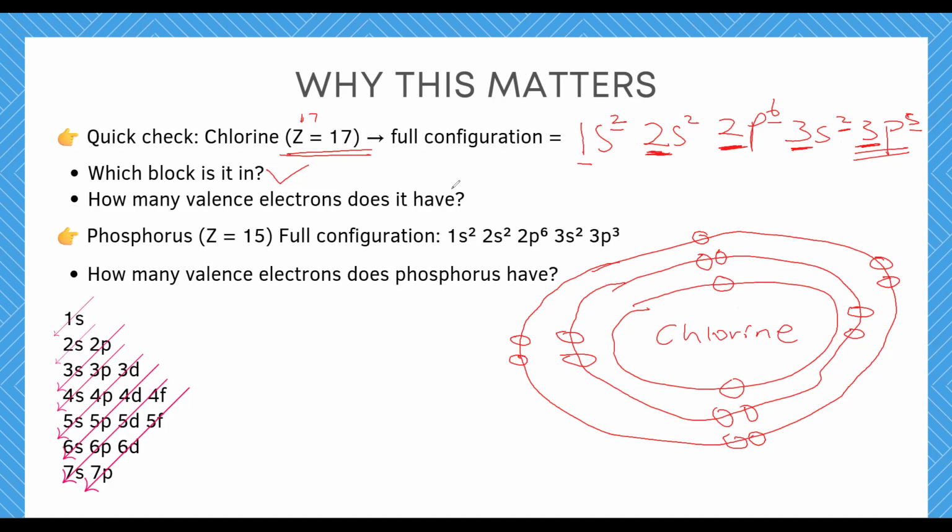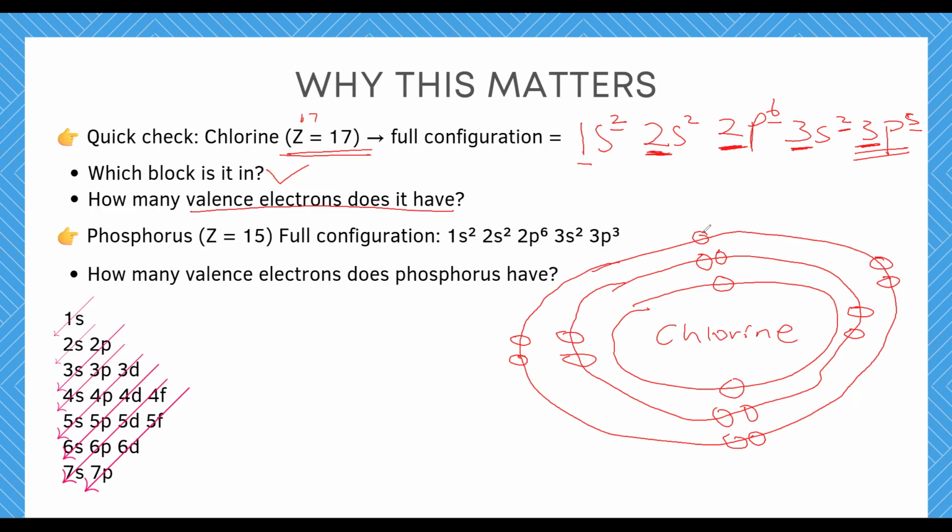So now the question says, how many valence electrons does it have? Can somebody count for me? Do you know what a valence electron is? What's a valence electron? The number of electrons in the outermost shell of an atom. Okay, good. The electrons that are at the outermost shell of an atom are called valence electrons.